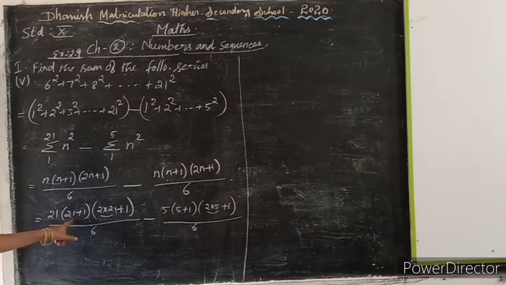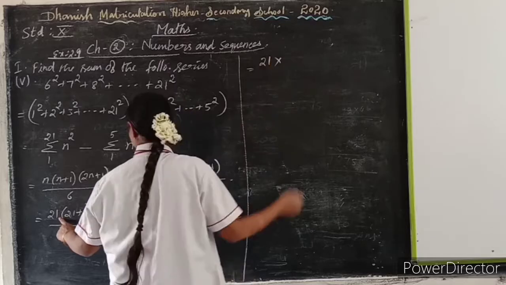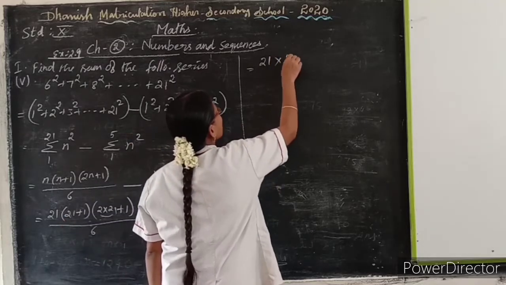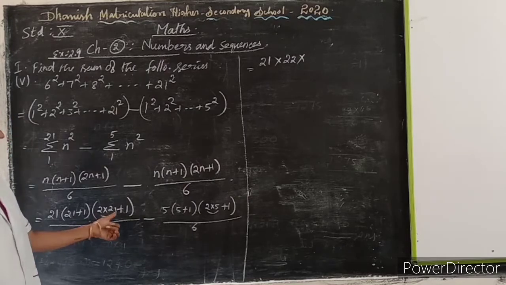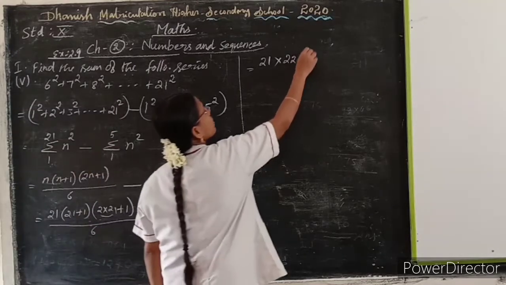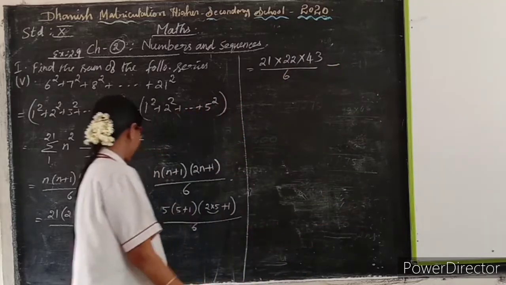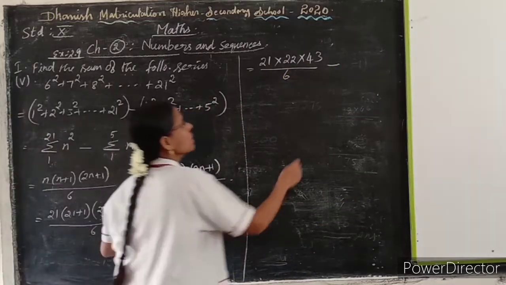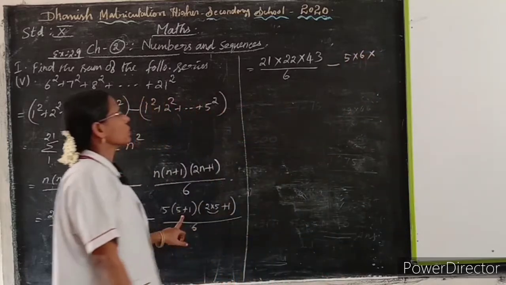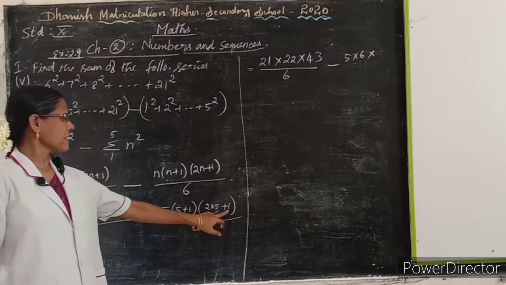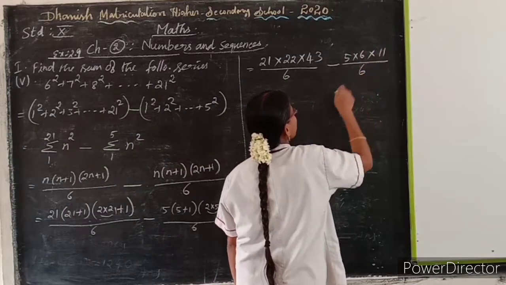Now remove the bracket. 21 into 21 plus 1 is 22 into 2 21s are 42, 42 plus 1 is 43 by 6, minus 5 into 6 into 2 5s are 10, 10 plus 1 is 11 whole divided by 6.